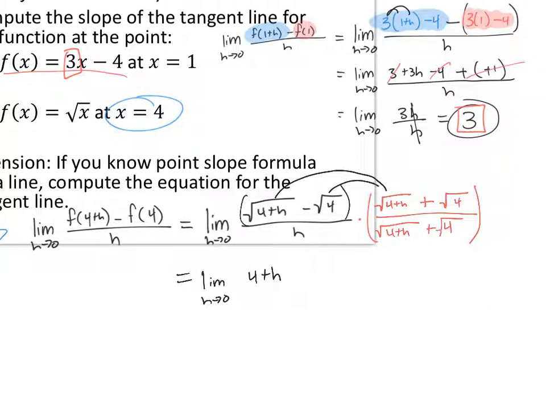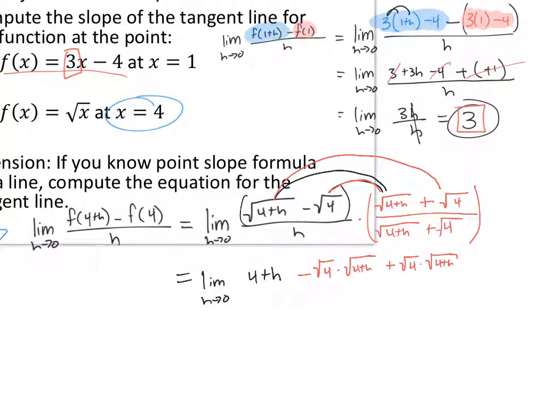And negative, this is going to get complicated, but just take a look. I'll try and do it in a different color. Negative root 4 times root 4 plus h is this one right here. And then we're going to do it again. Root 4 plus h times root 4, that's not positive, so plus root 4 times root 4 plus h.